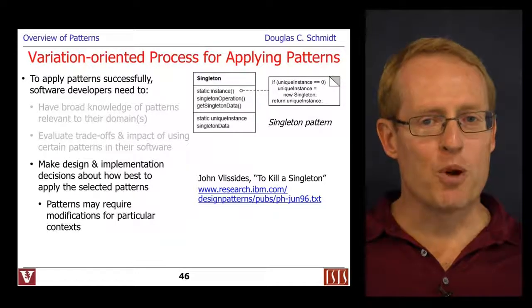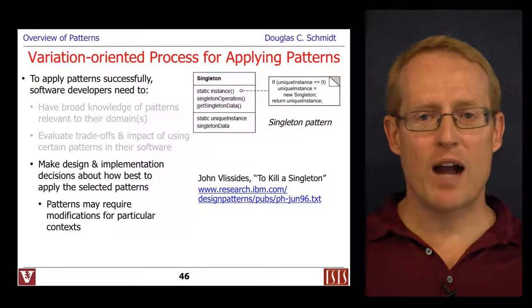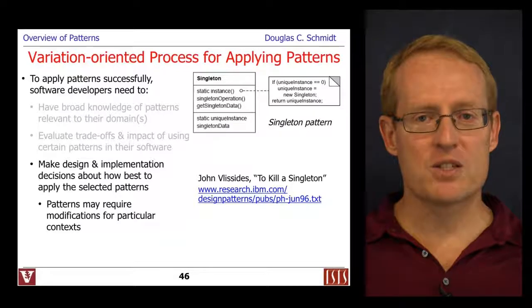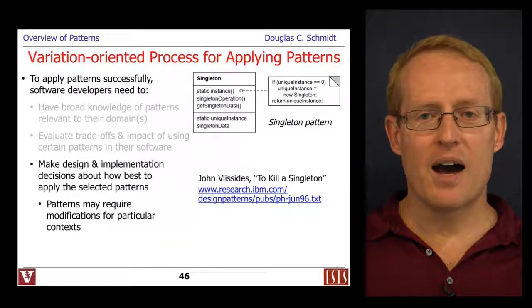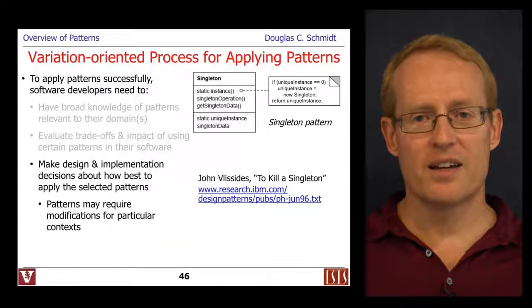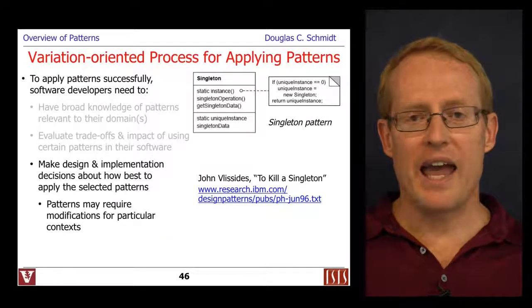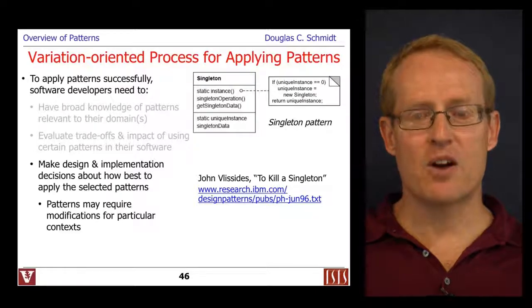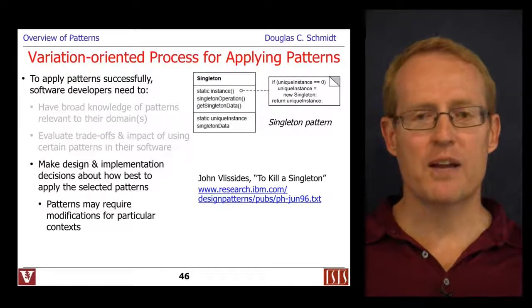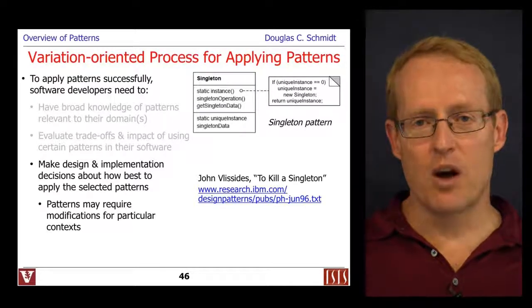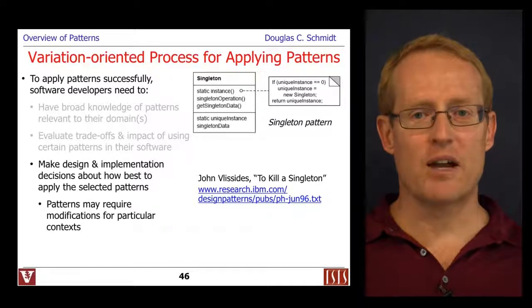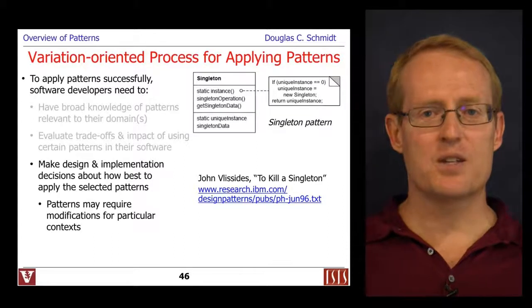Now, when the Gang of Four book was originally published, they described how to implement the Singleton Pattern, which we see here. What you do is you typically make the constructor protected or private, and you have a static method called instance that's public, and people can only access the singleton by calling the static instance method.